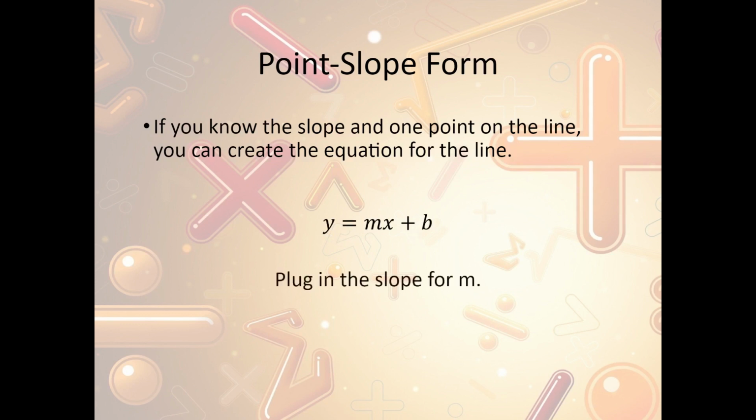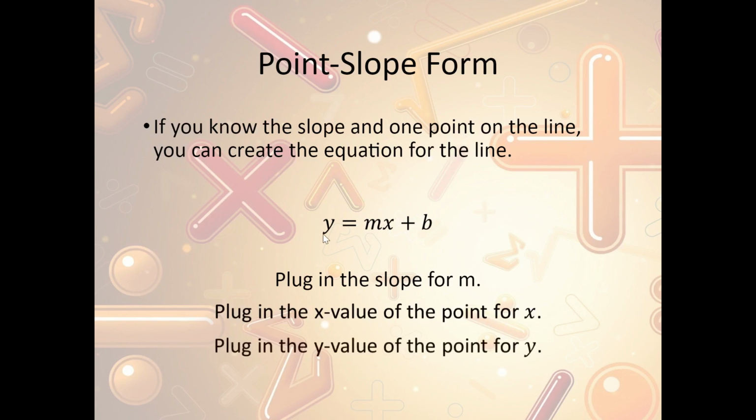So whatever slope is given to us, we plug that in for m. We plug in the x value of the coordinate. So we're given some ordered pair, and we plug in the x part here, and the y coordinate here, and now we're left with only one variable, which is b, and we can solve for b and get the y-intercept.